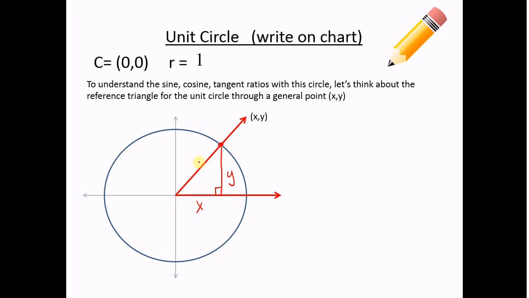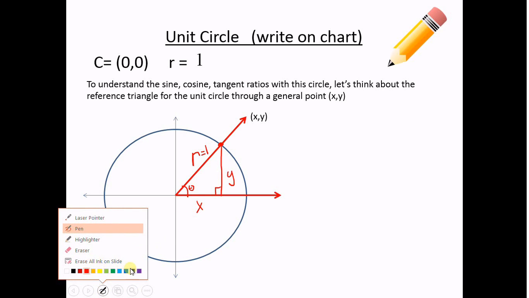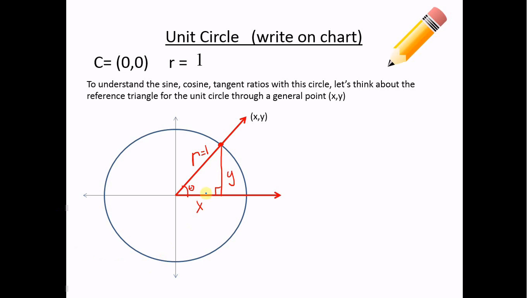Now, from here to here is the radius of my circle. I said the radius was 1, right? So that's got to be my r, which is equal to 1 at all times. Now, here's my theta, my reference angle that normally we've been making, right? So across the way here, this would be my opposite, this would be my adjacent, and this is my hypotenuse.